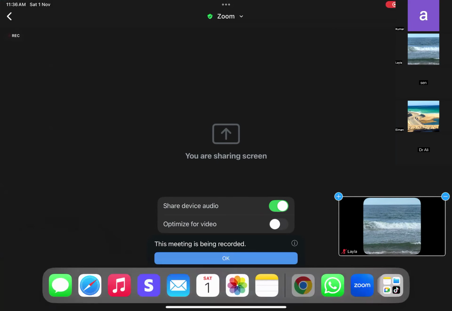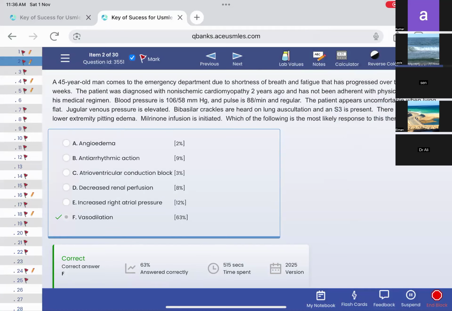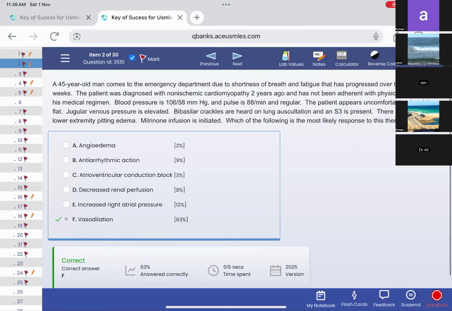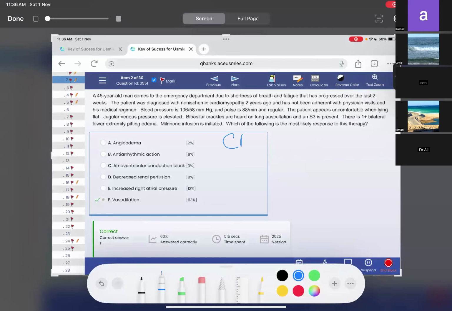Sorry, doctors. So let me explain it again for you. Are you with me, doctors? The cyclic AMP has two types of function depending upon where it is present.